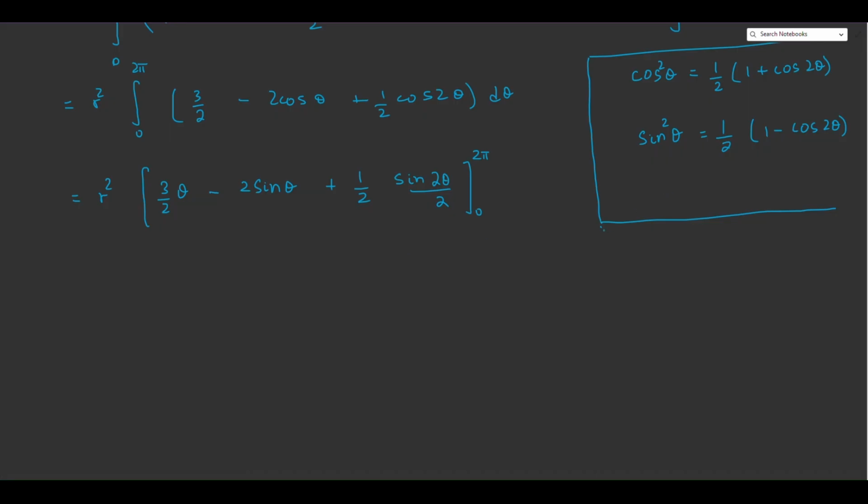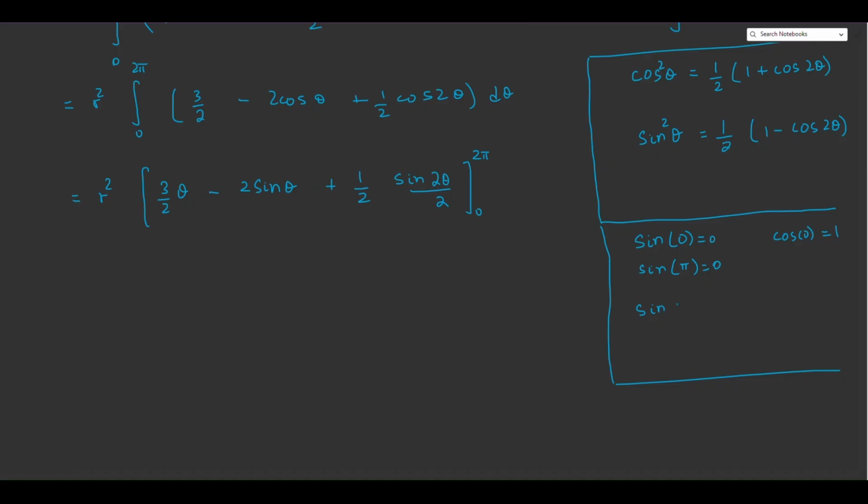But before, you have to remember these things. For example, sine of 0 is equal to 0. Cosine of 0 is equal to 1. And the sine of pi is also equal to 0.